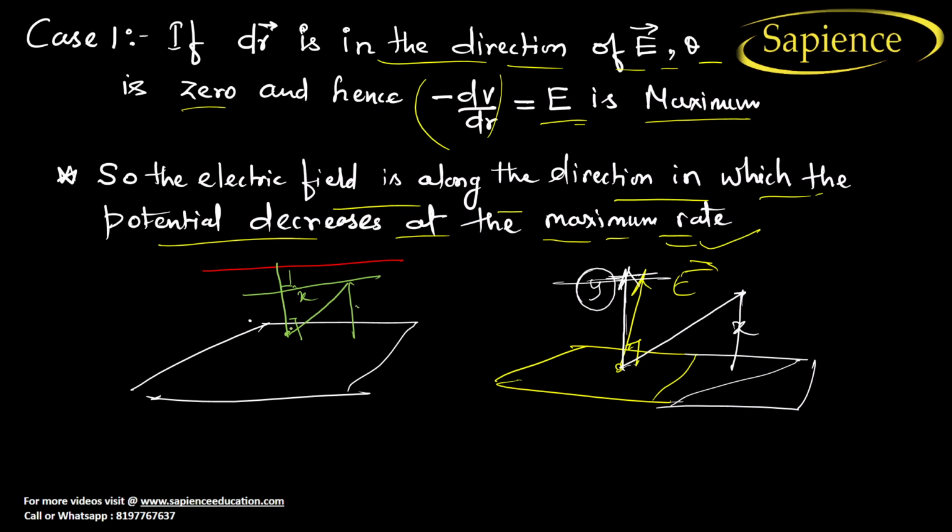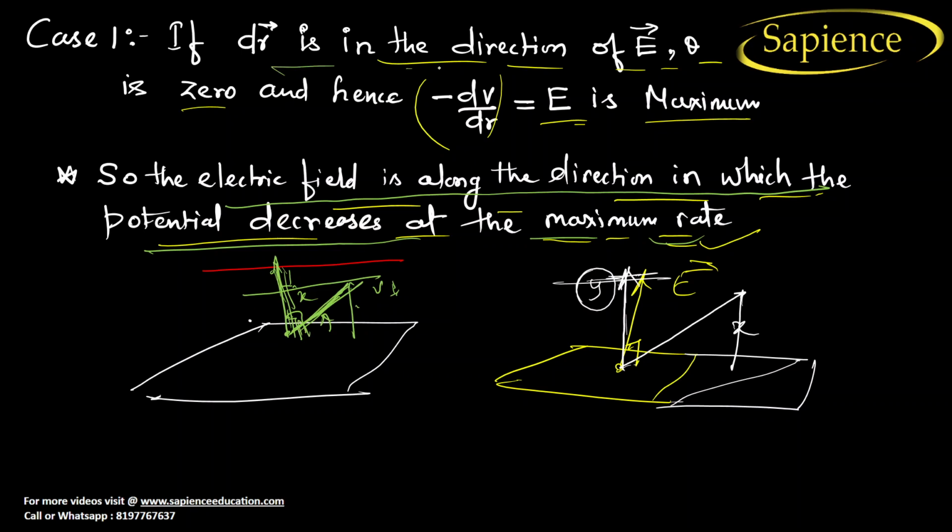It means that when you move at a certain angle, the rate of decrement of the potential is less. But when it is at 90 degrees to the surface, it is faster. See here, it is faster. So the electric field is along the direction in which the potential decreases at the maximum rate, right?